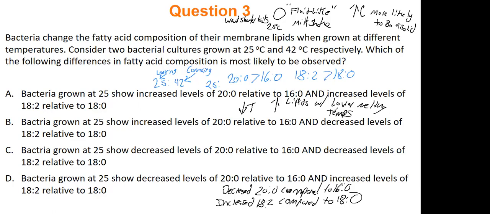Because you don't want to form a solid. While when you increase temperatures, you'll increase lipids with higher melting temperatures, because you don't want to become a liquid. It's a fine balance where, like I said, you've got to find that milkshake.